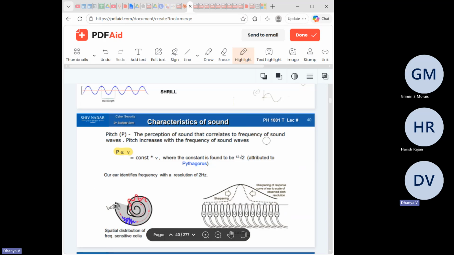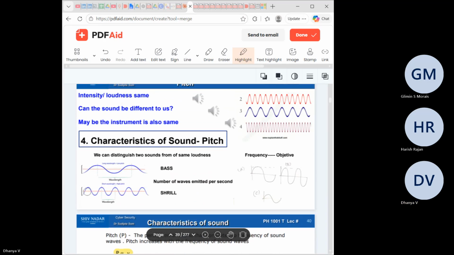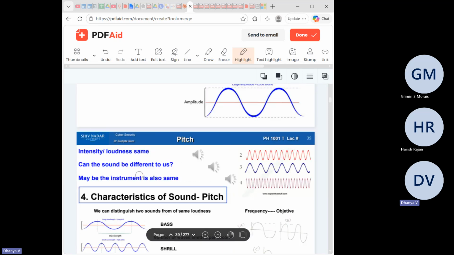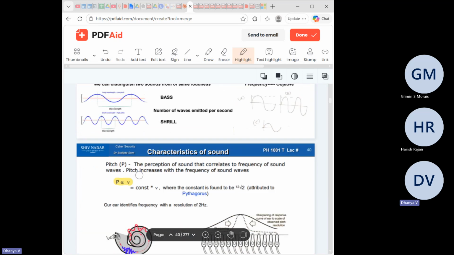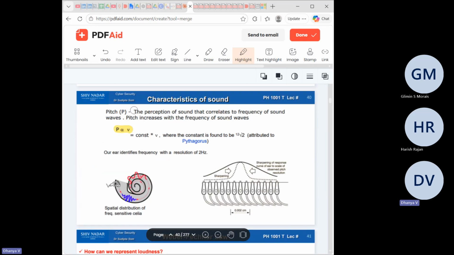If the graph is more compact in nature, then it's a steady voice, and if it's widely spread out, then it's not so steady.